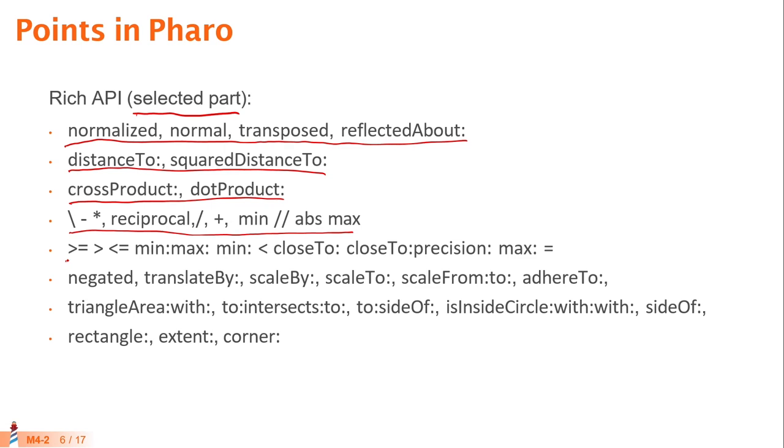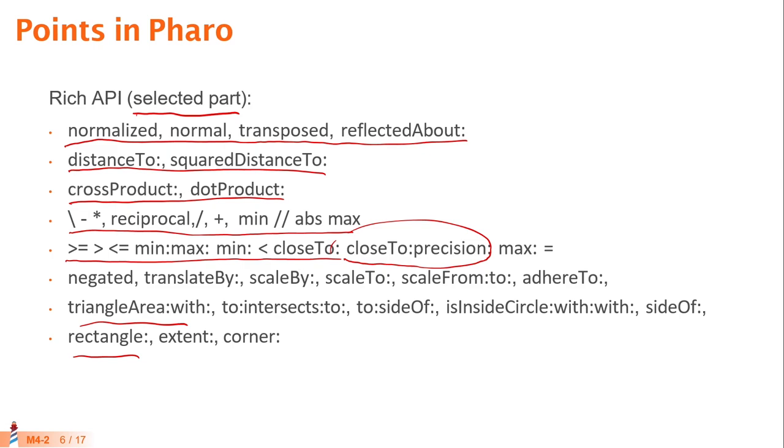And we have comparison messages, so we can compare a point to another point, not only using absolute values, but also using closeTo: and different levels of precision. And we have a lot of operations related to geometrical operations, like calculating the triangle area or obtaining a rectangle from a given point or for a given pair of points.